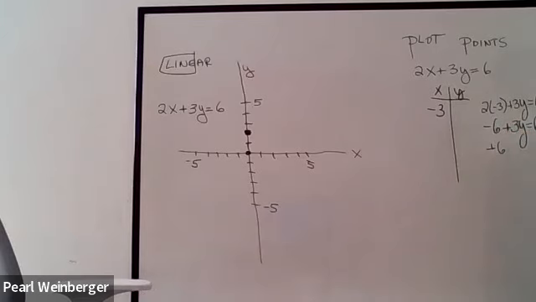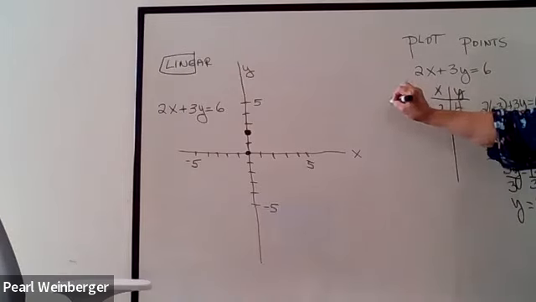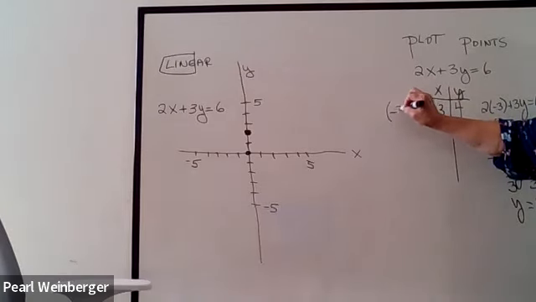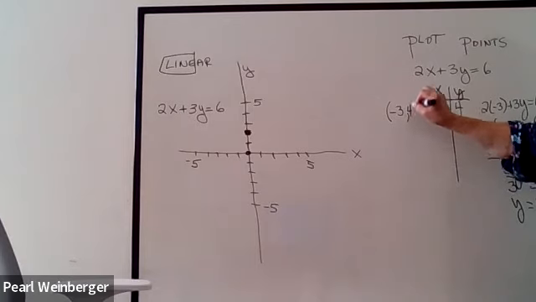It's a regular equation to solve. I'm adding 6 to both sides. This gives me 3y equals 12. And when I solve for y, I get y equals 4. In other words, another point on this line is -3, 4.